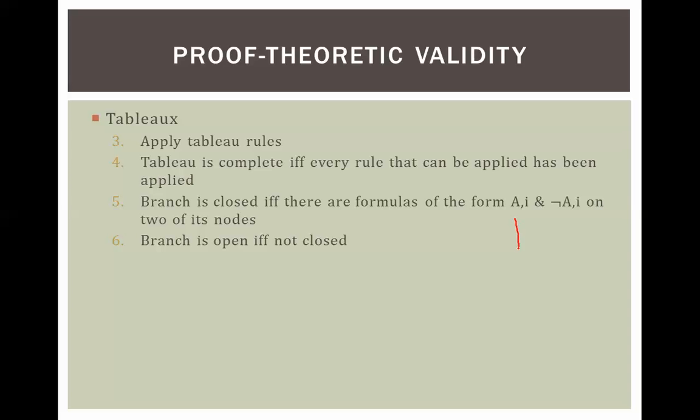If my Tableau looks something like this, a branch would be something that goes from the root to the tip. And so somewhere on here, I'm going to have A, I and not A, I. So it has to be the same world. If they contradict in different worlds, you don't really care. Okay, that's the only way that a branch will close, and the branch is open if and only if it does not close.